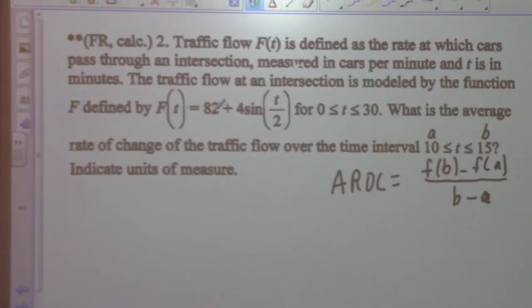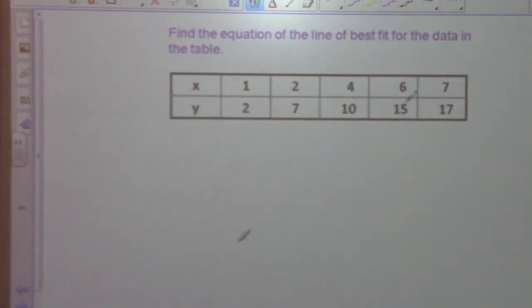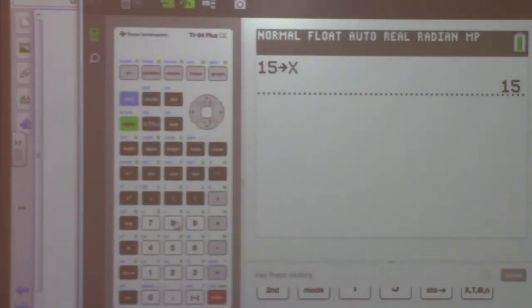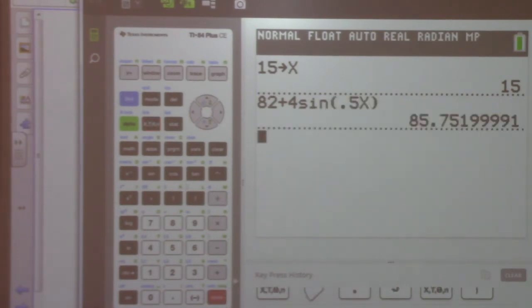We have 82 plus 4 sine of X over 2, right? Or I could just put 0.5x. Would that be the same? Yes. And so we have this.